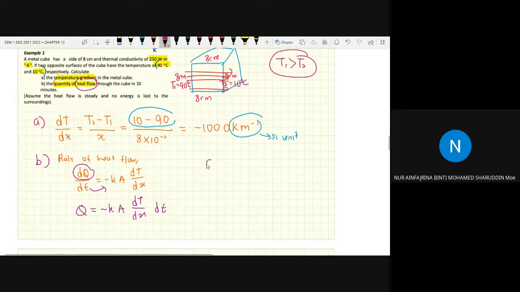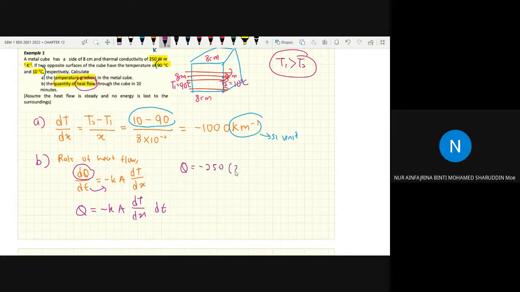So kita tahu thermal conductivity kita dia dah bagi 250. Area. Macam mana nak cari area of cube? Anyone? Panjang darab lebar. Thank you. Betul. Panjang darab dengan lebar.